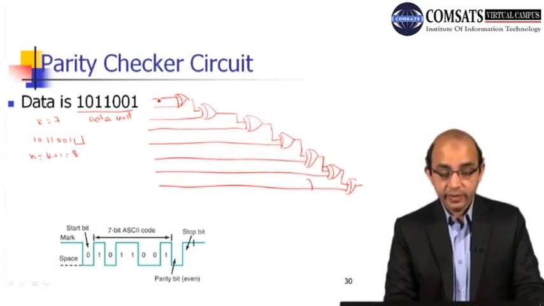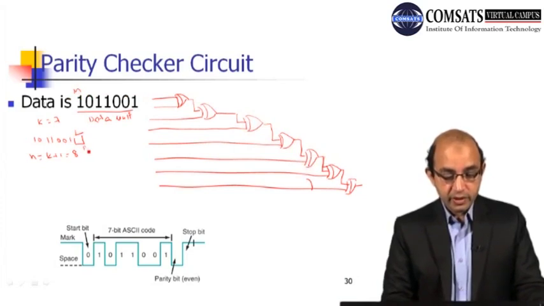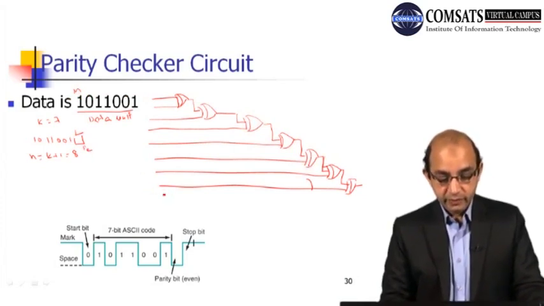That's why I have 8 lines. If I start from the most significant bit, this is the least significant bit over here. So let me mention parity be even, because we are using even parity.